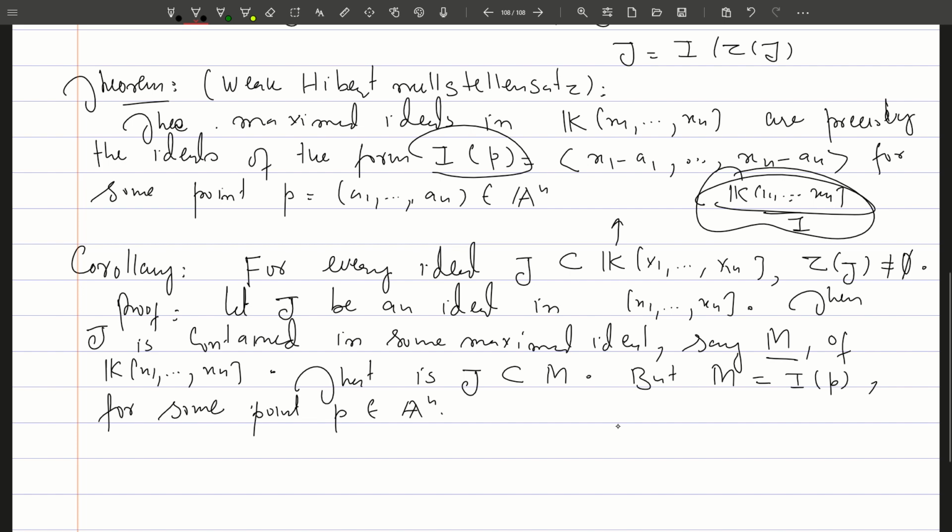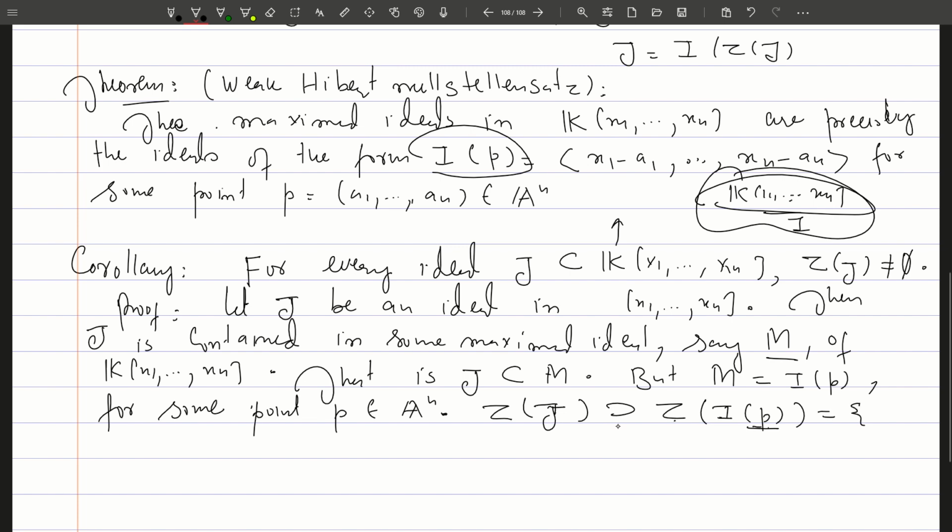So now, the function Z being decreasing implies that the zero set of the ideal J contains the zero set of the ideal M, which is the ideal of P, and the zero set of this ideal of P. Now this P being an algebraic set, Z composed with I is the identity map.